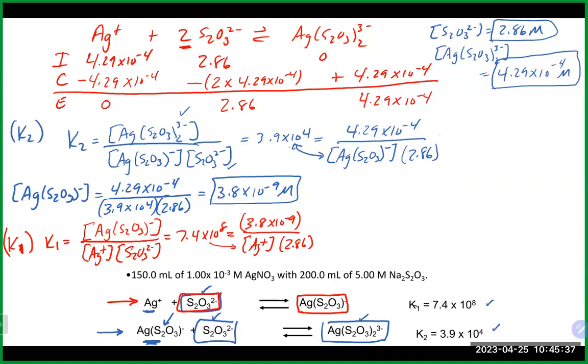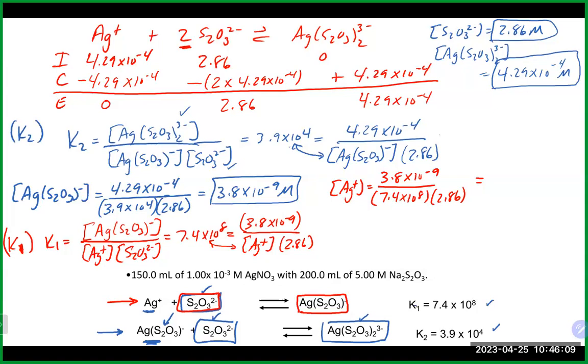Once again, mathematically, they just switch places, and that would get us a silver concentration that equals 3.8 times 10 to the minus 9 divided by 7.4 times 10 to the 8 divided by 2.86.